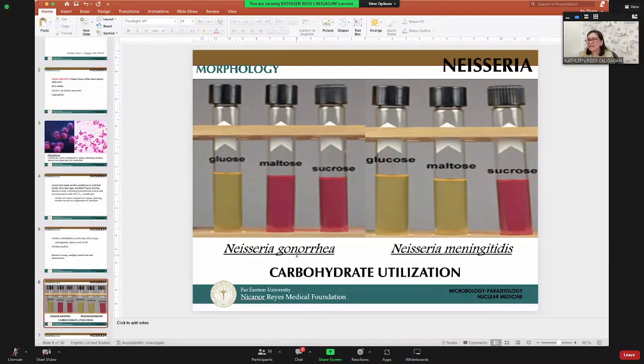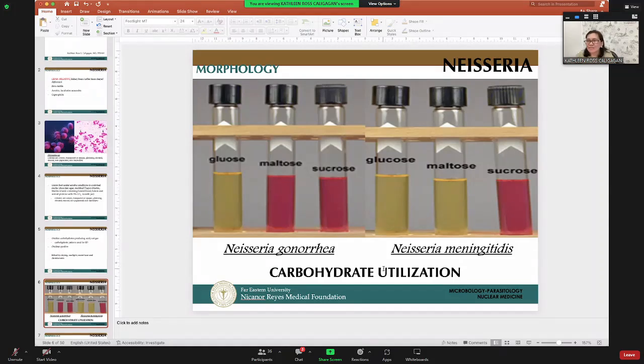Neisseria gonorrhoeae is always pathogenic. It's not part of the normal human microbiota. Neisseria meningitidis can be found in the normal flora. But gonorrhoeae is always pathogenic.